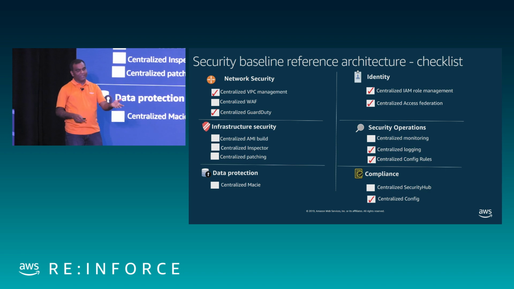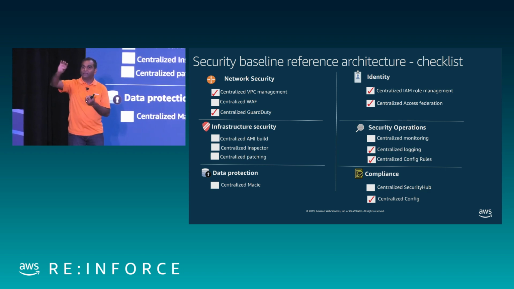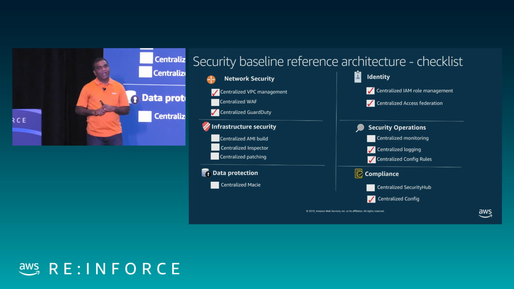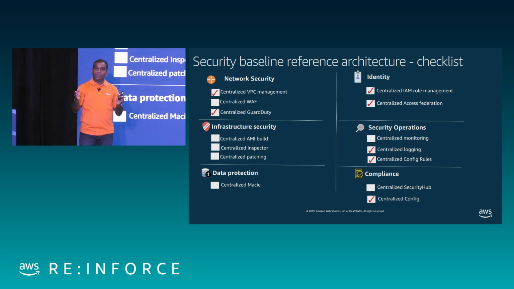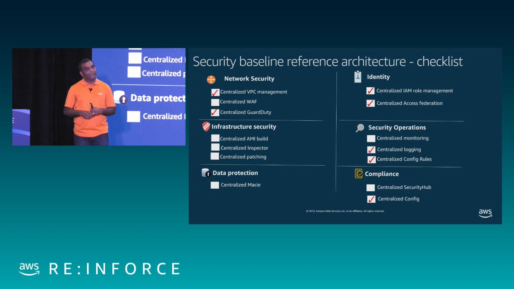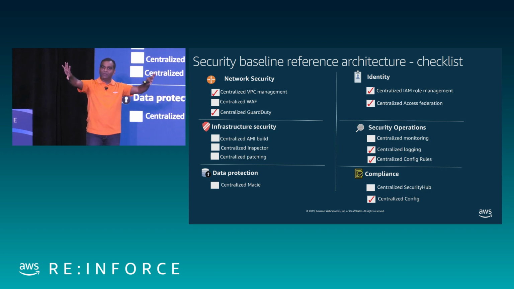Like, hey, now I have central VPC management, because the AVM is where you are creating new VPCs, with all the required subnets and all the required peering. And you centralize GuardDuty, because from the landing zone you are turning on GuardDuty and controlling which accounts need it. With the landing zone, you are also centralizing your IAM, because the landing zone solution comes with a single sign-on capability, where you can tie it to your Active Directory so that you are managing all your IAM roles and policies from one place and pushing them into all the other accounts.